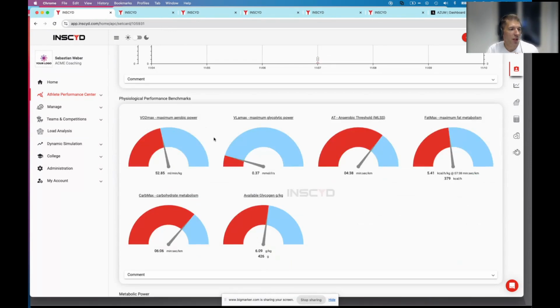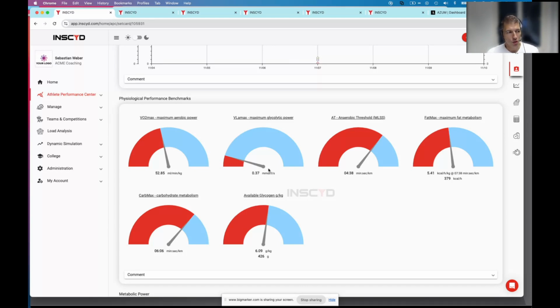Bear with me. So different is lower VO2 max, but also lower VLamax. So these are the two cases I brought for today: one athlete with a higher VLamax and one athlete with a lower VLamax. We want to look at how the training for those two would look different.